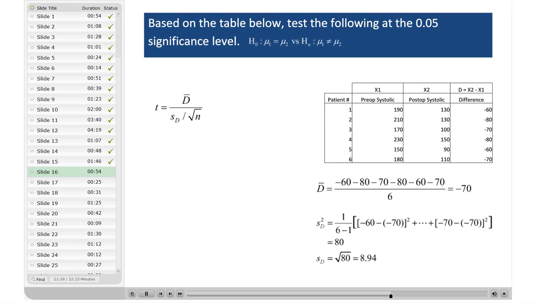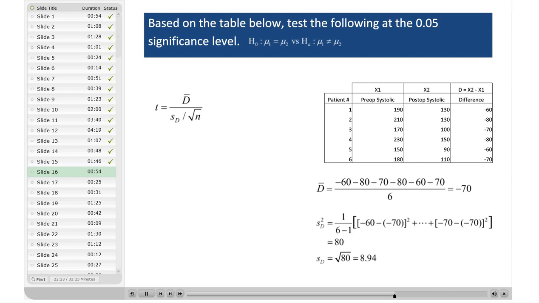D bar is just the average of the d values, so we just add all of those up and divide by 6, and when we do that we get negative 70. And s sub d squared is the sample variance of the d column. We did discuss that in chapter 2 in the second lecture. So remember how we do that. We're going to take each number in that column and subtract the mean, which is negative 70.